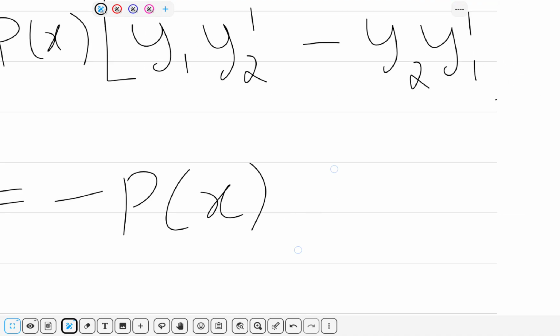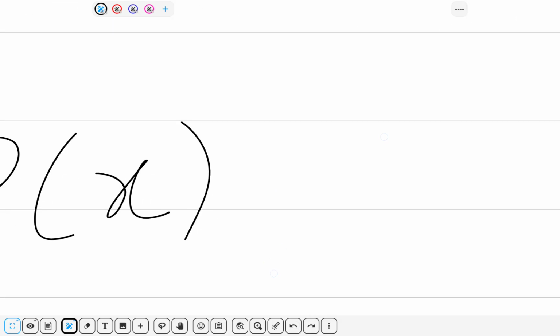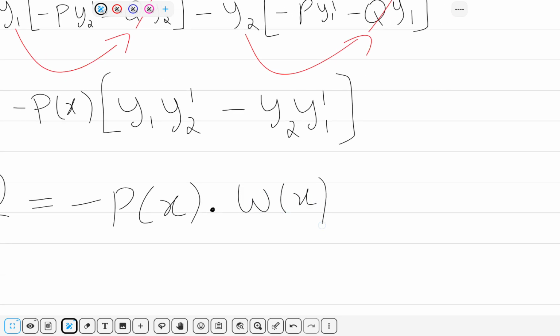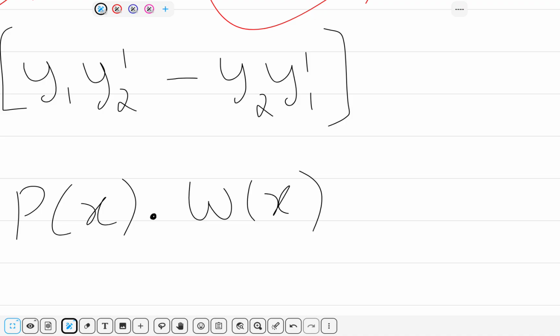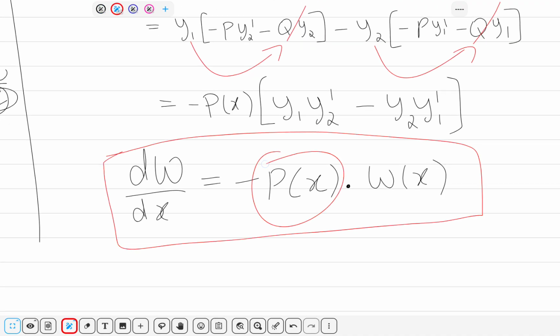x times my Wronskian itself. So you can see, I got a relationship between the Wronskian and the coefficient of the first derivative in my differential equation, even without involving any solutions.